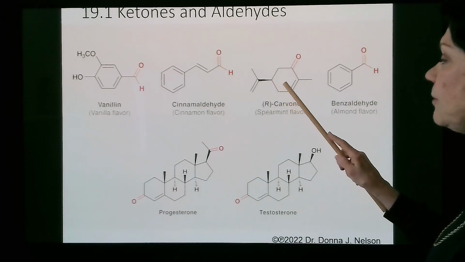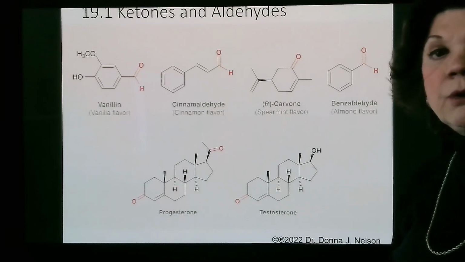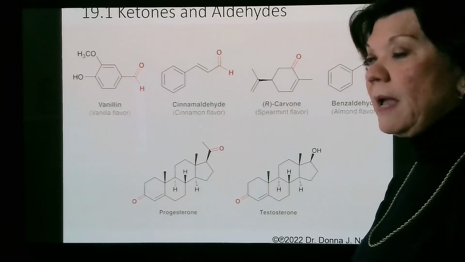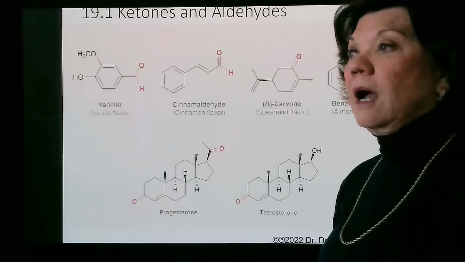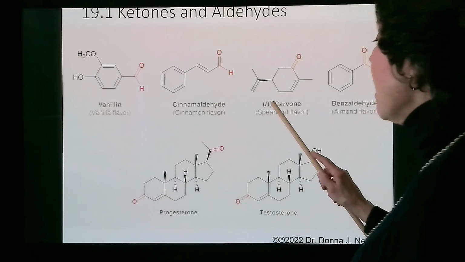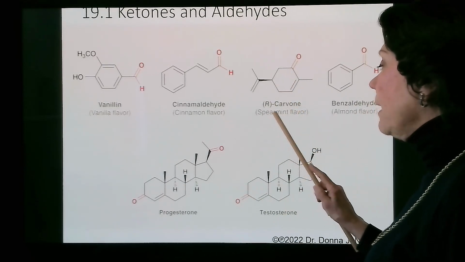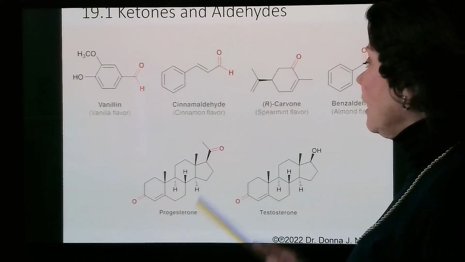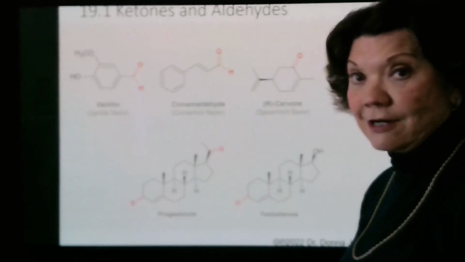This is an optically active compound, and it is one of the very few optically active compounds that you can actually discern by its odor or taste. The R isomer of carvone smells like spearmint, and the S isomer smells like caraway.